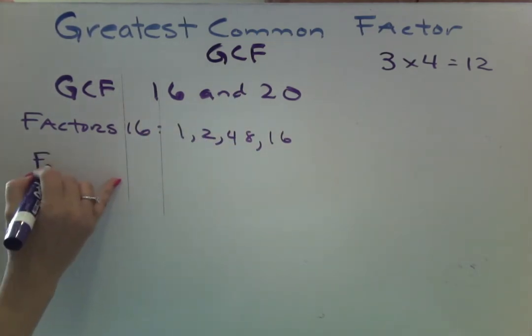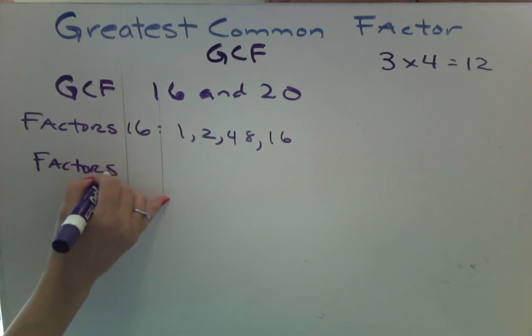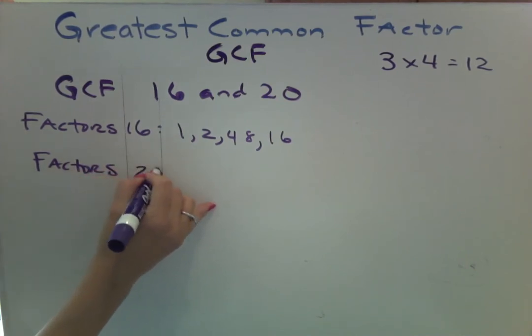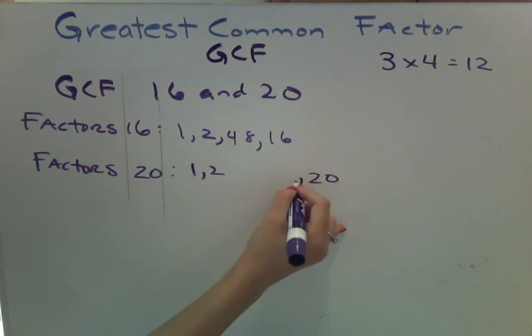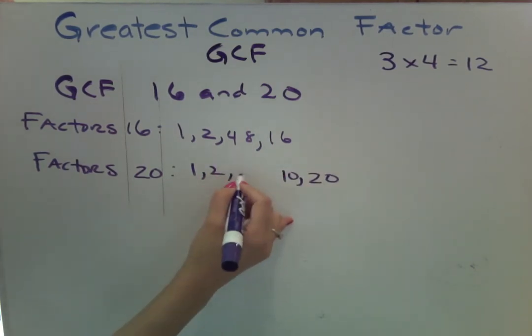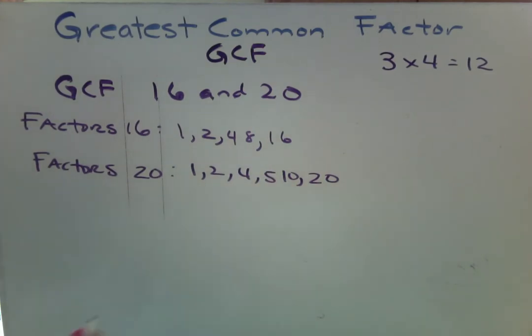Then we also want to find the factors of 20: 1 and 20, 2 and 10, 2 times 10 is 20, 4 times 5 is 20. So these are all the factors of 20.